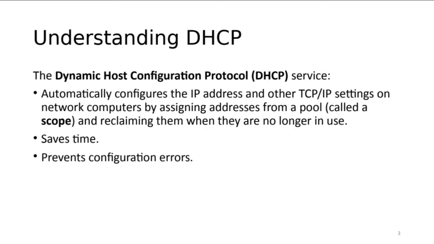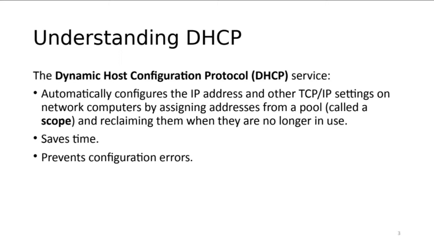The advantage of DHCP, or the function of DHCP, is that it automatically configures the IP address and other TCP/IP settings on your network. You will configure a pool of addresses, we call them a scope, and you allow the computers to claim an IP address, and once the lease is about to expire, they will reclaim it to use it again, or maybe get another IP address.